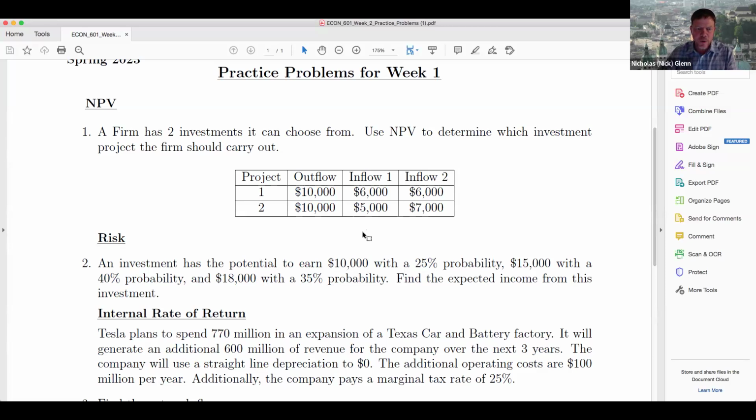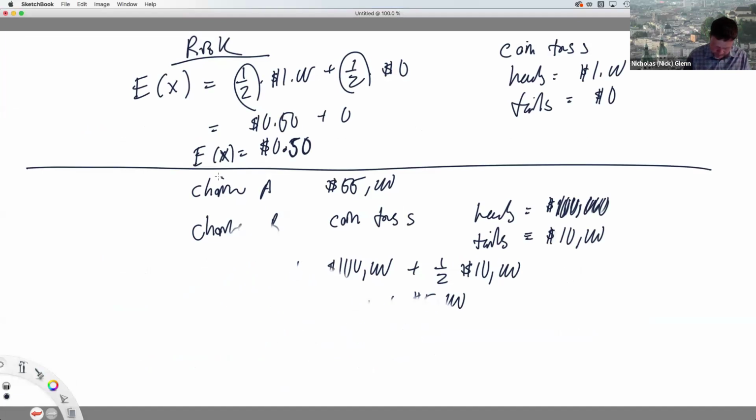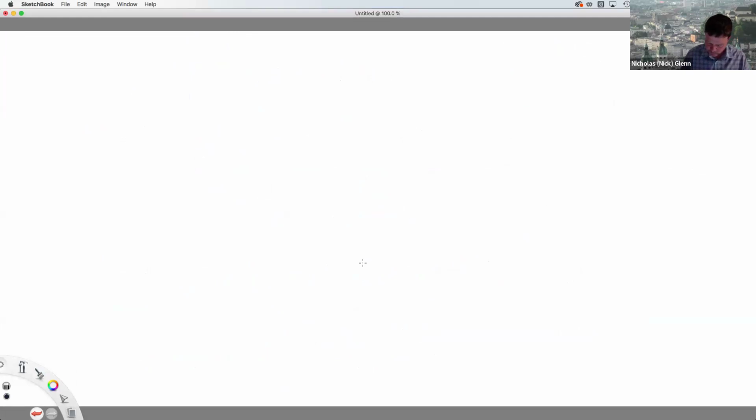So let's go ahead and do this to give you an example. You set it up similarly, but now instead of 2 possibilities, you've got 3 different possibilities. All right, so let's go back to our drawing pad here, tablet. Let's erase this. This is question number 2 here.